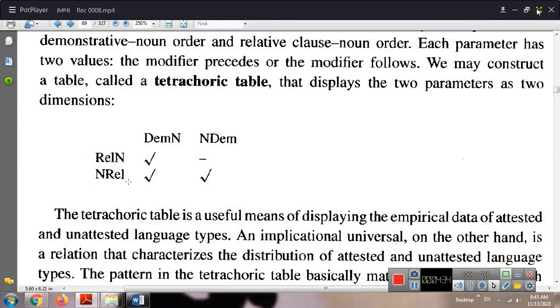And we have languages in which the relative clause follows the head noun, and the demonstrative either precedes or follows the noun. This exists.